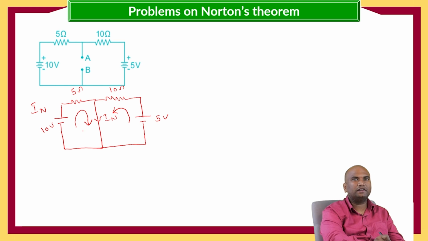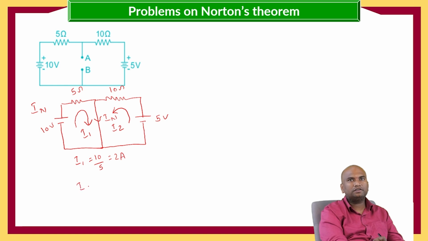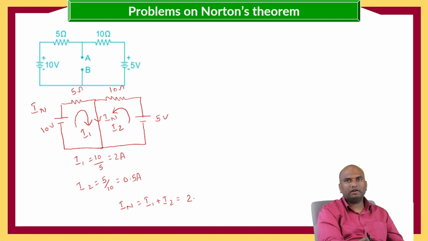So let us consider this value as I1 and this value as I2, where I1 is equals to 10 by 5, which is equals to 2 amperes, and I2 is equals to 5 by 10, which is equals to 0.5 amperes. So IN is equals to I1 plus I2, which is equals to 2.5 amperes.